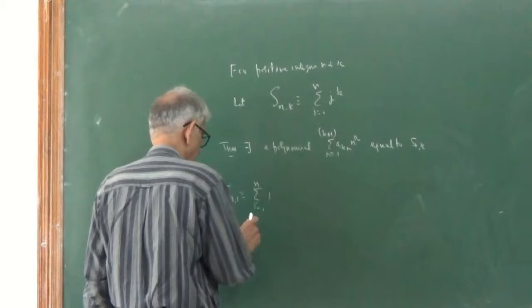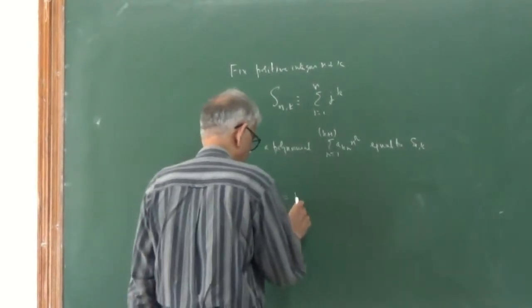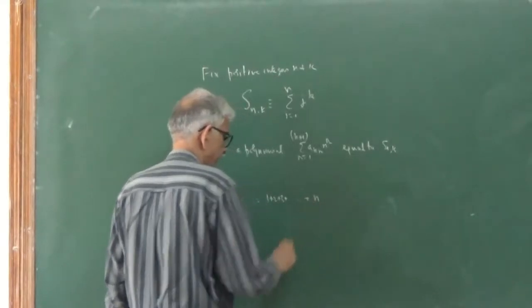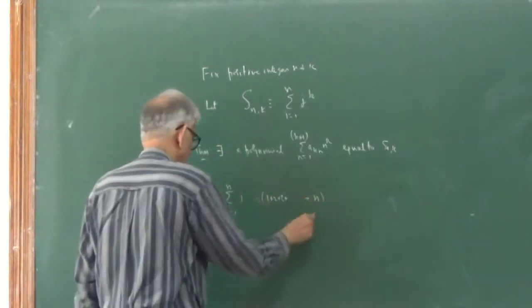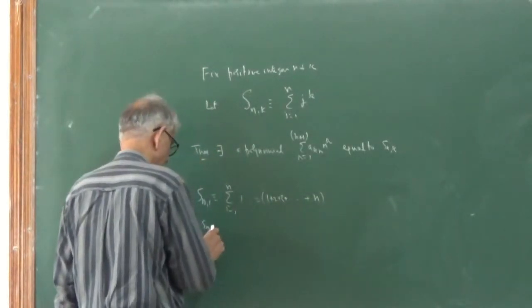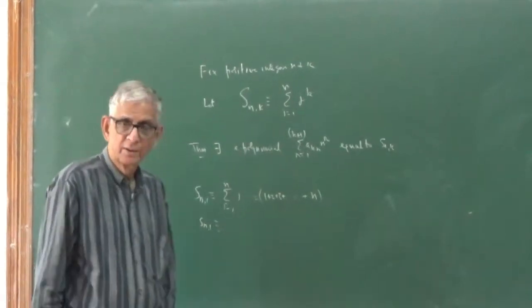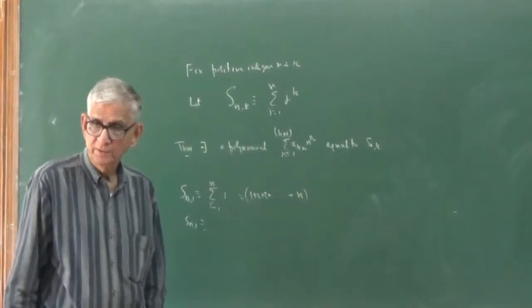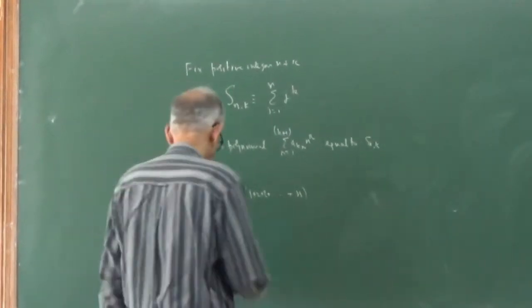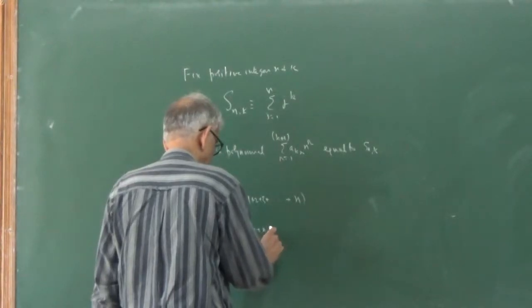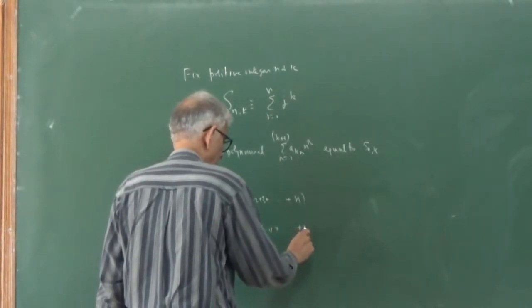Namely, if you write S equal to 1 plus 2 plus 3 all the way up to n, that's what that sum is. But since the real numbers are commutative, you can write it in reverse order. The sum is the same, so it is the same as n plus n minus 1 all the way down to 1.